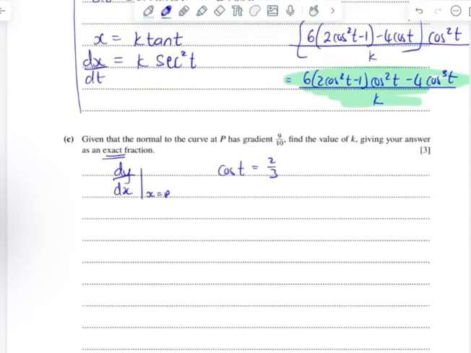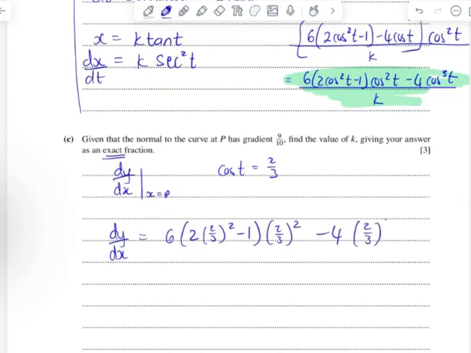I think that would be valid. Okay, so 6 times 2, and then this is a 2/3 squared minus 1, squared, minus 4 times 2/3 to the power of 3, and all of that is divided by k.